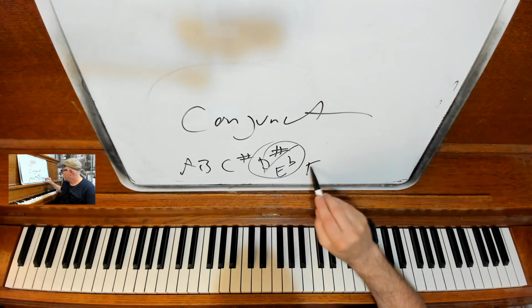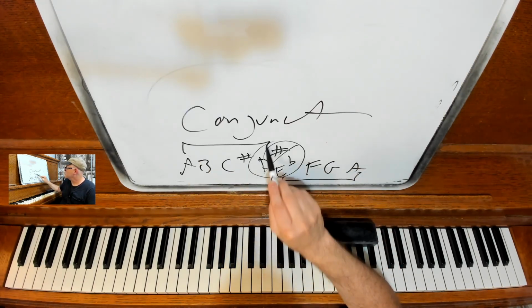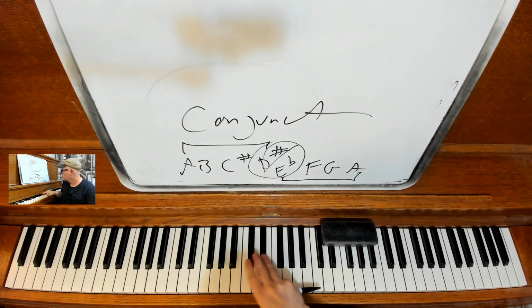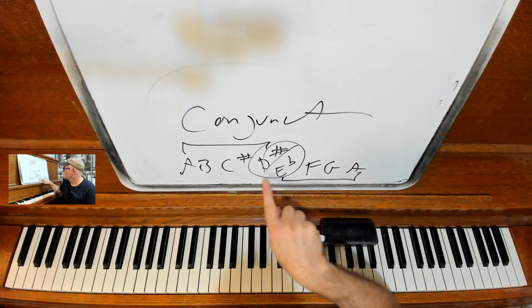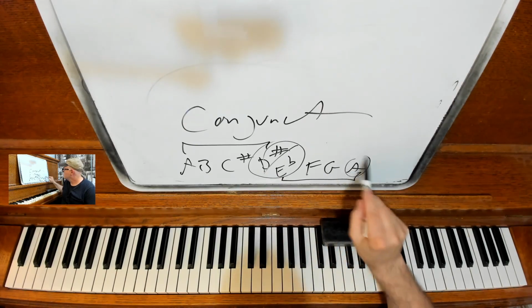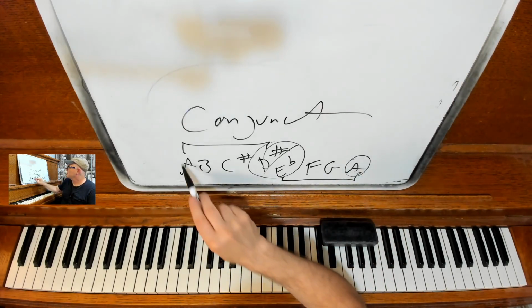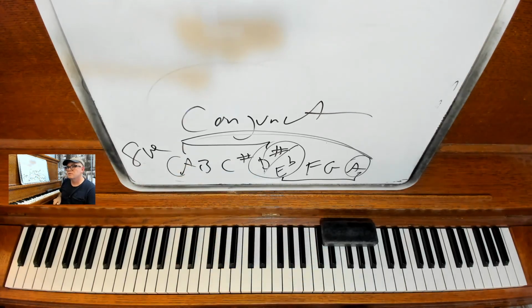E flat, F, G, A. So here's your tetrachord here, and here's your tetrachord here. 1, 2, 3, 4, that's one note, 5, 6, and then you're back to the A again, right? That's your octave.